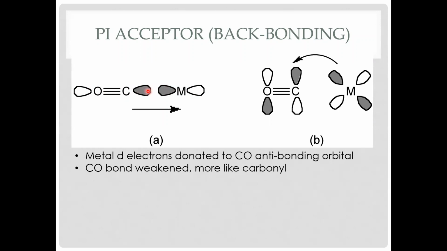When this interacts in a bonding sense, that has the character of the ligand, and the anti-bonding sense where these are flipped would be more like the metal. So this is what we normally think of as the sigma interaction. But now let's think for a moment about the carbon monoxide molecular orbital diagram by itself before it ever came to the metal.